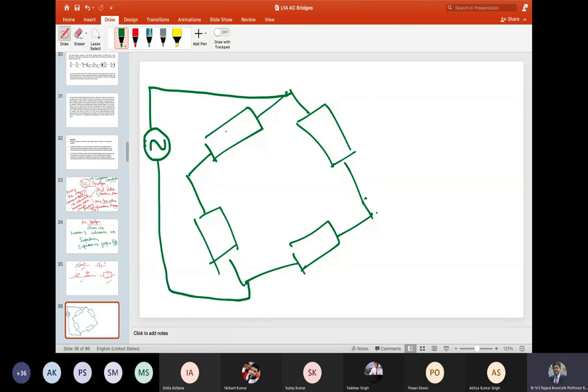Now you have Z1, Z2, Z3 and Z4. Obviously, on these two parts you are feeding the signal. One more thing, if I ground this, this becomes the zero reference.